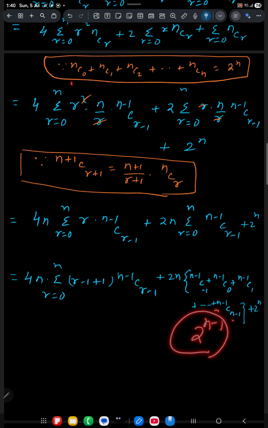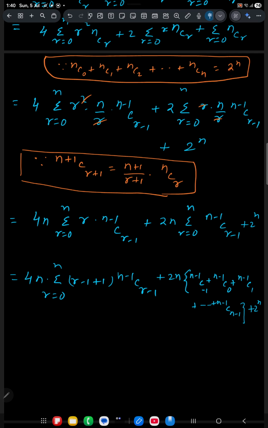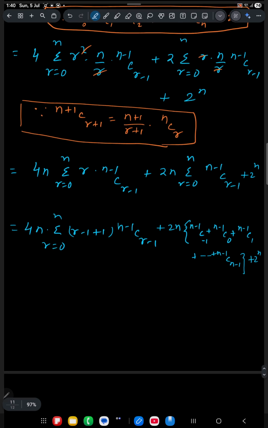Using this formula, nC0 plus nC1 plus nC2 and so on is 2 to the power n. So (n-1)C0, (n-1)C1, (n-1)C2 up to (n-1)C(n-1) will give you 2 to the power n-1. So coming back, it is equal to 4n summation r equal to 0 to n of (r-1) into (n-1)C(r-1), plus (n-1)C(r-1).